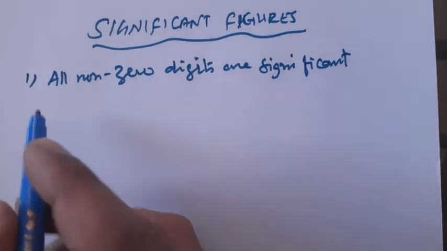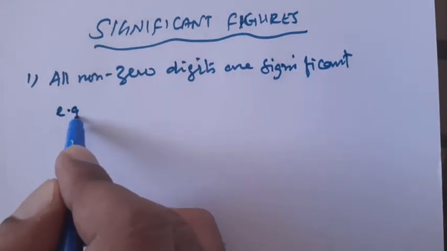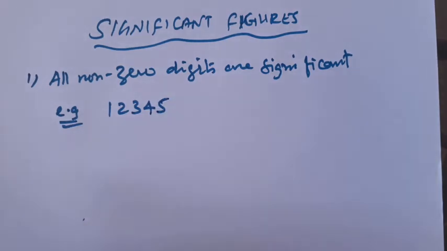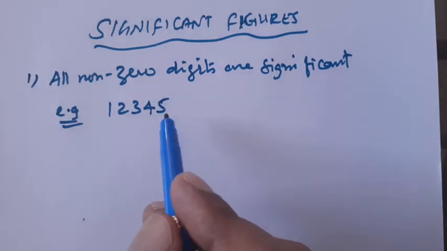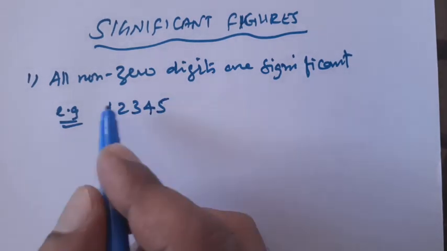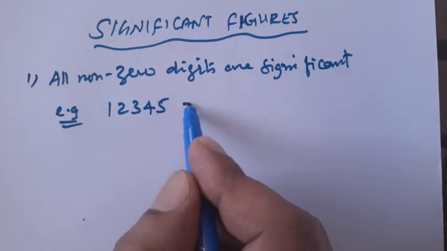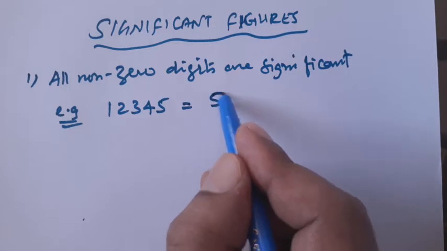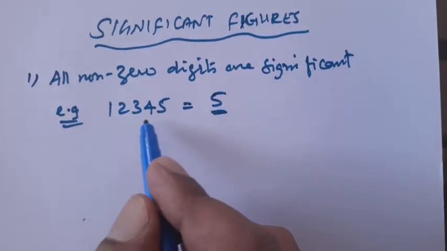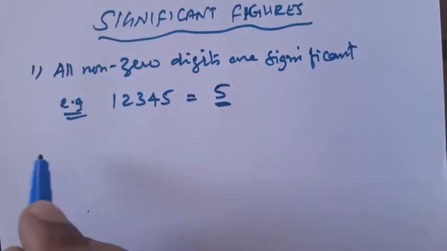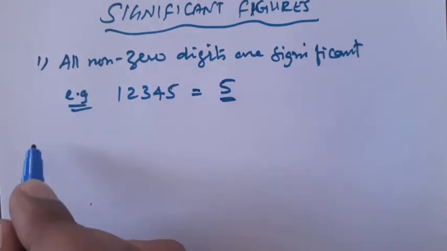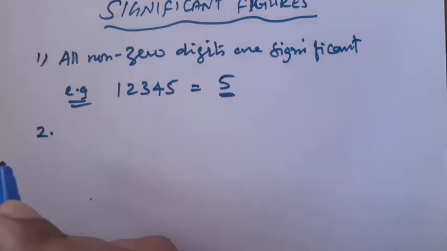Which means, take for example, I'm taking 1, 2, 3, 4, 5. Here there is no 0. So the significant figures for this case is 5. So the significant figure of 1, 2, 3, 4, 5 is 5. So all non-zero digits are significant. This is the meaning of it. Go for another rule.